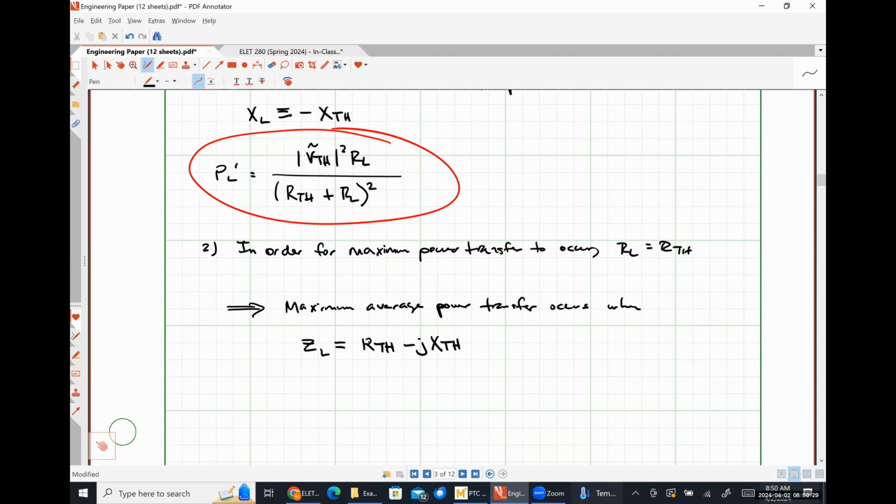What is RTH minus jXTH? The conjugate of ZTH. Absolutely right. So in order for maximum average power transfer to occur, our load has to be the complex conjugate of our Thevenin impedance.